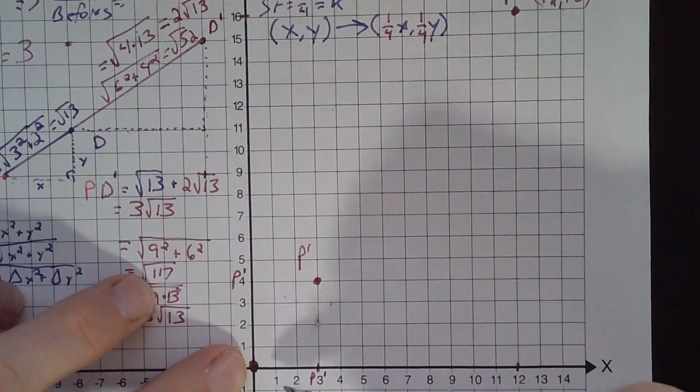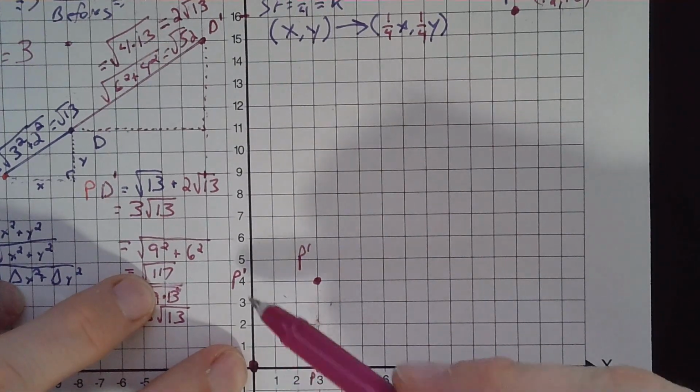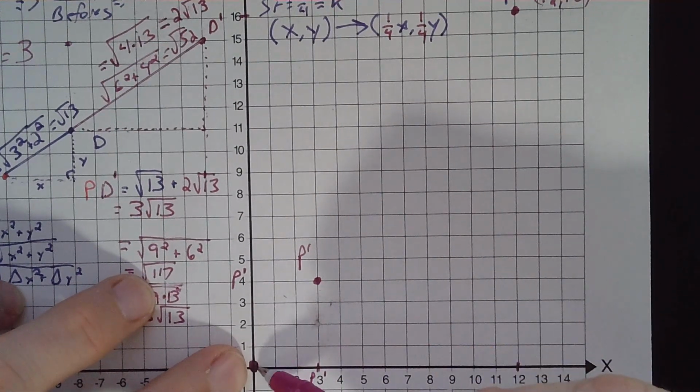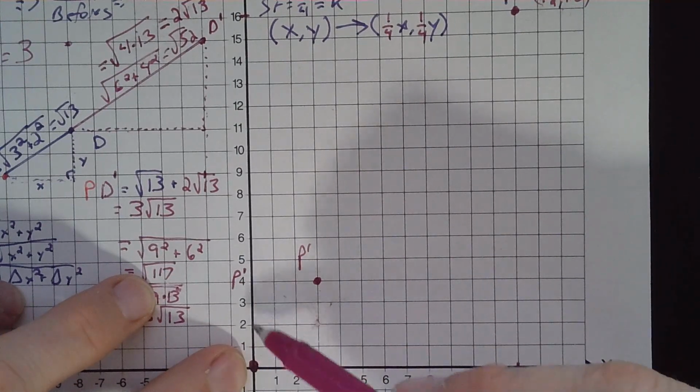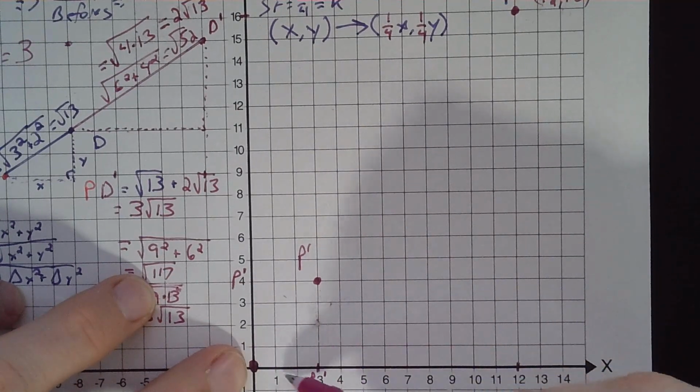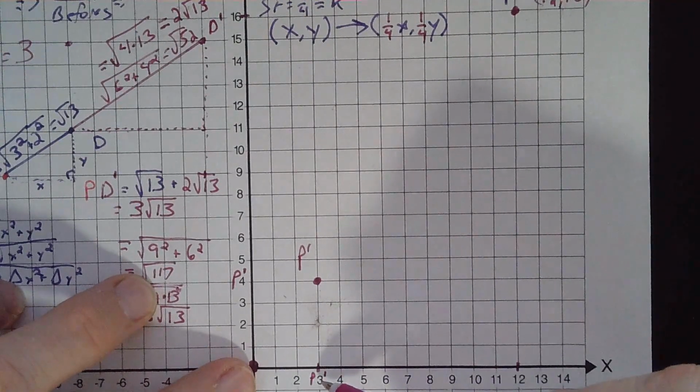But because these are the distance from my point of dilation, it just happens to be my point of origin. They're the same thing, right? So don't confuse that.